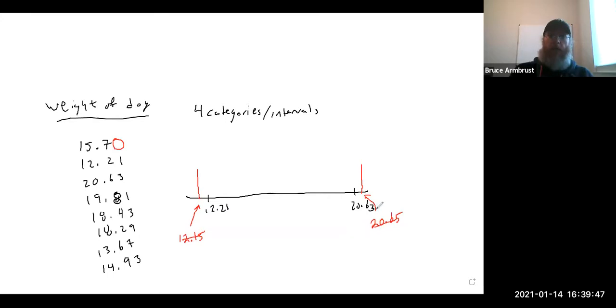I want to go one more decimal place. So now it's the 3rd decimal place, and I want to either add or subtract that 5. So this is going to be 20.635.